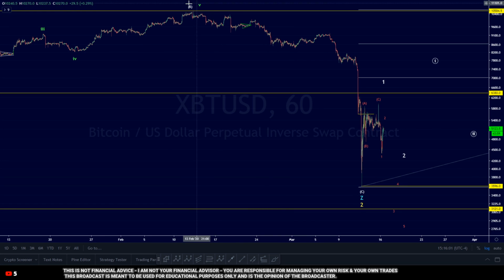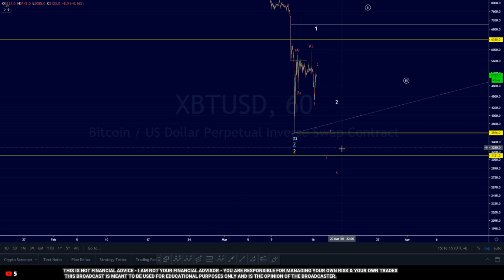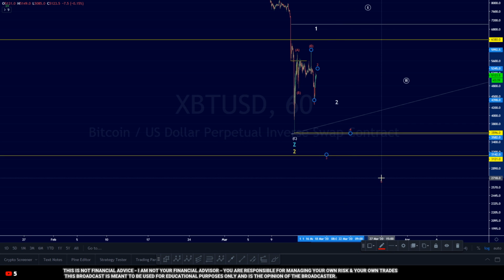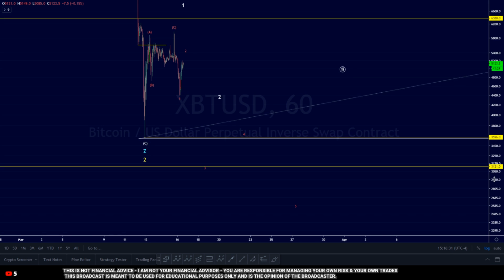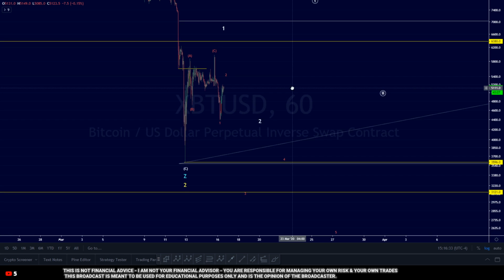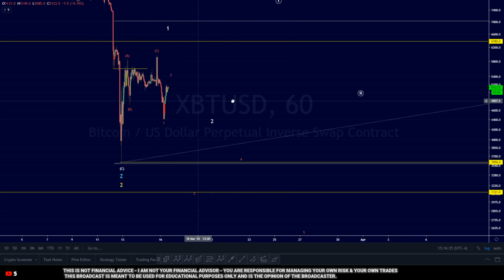Now, if we're taking a look up here from the top, it looks to me like this is potentially a 1 and then a 2, 3, 4, and then we're going to come in for the 5, which means that we unfortunately do have lower to go. I know that's probably going to freak a lot of people out, but this is an alternate count. You have to have a plan for both directions. I did make my bull case, but now I want to make my bear case. I think the bear case is probably the easier one to make right now, if I'm being honest with everyone. The bear case is easier to make.